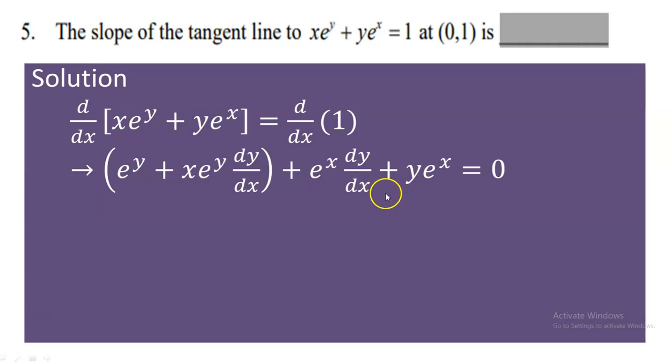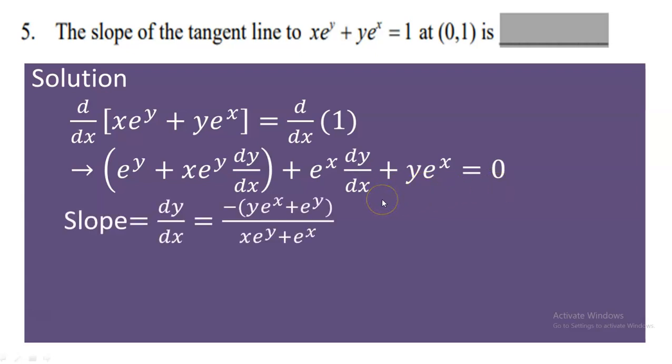So both are negatives. In doing this, I have dy by dx, the slope I am talking about, change in y over change in x, and this is negative of y e to the power of x plus e to the power of y, divided by x e to the power of y plus e to the power of x.